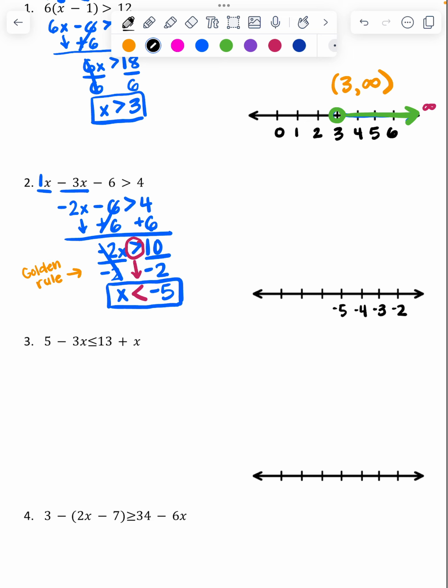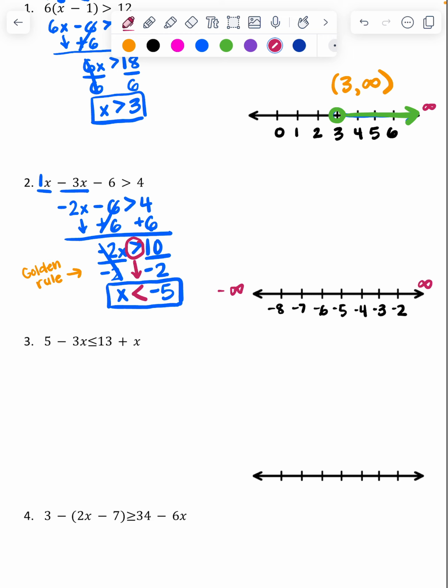Now remember, when we have negative numbers, they're going to go down: 5, 4, 3, 2 as we're going to the right, but the number is actually getting larger and going toward positive infinity. And as we go left, the number is getting lower, going toward negative infinity.